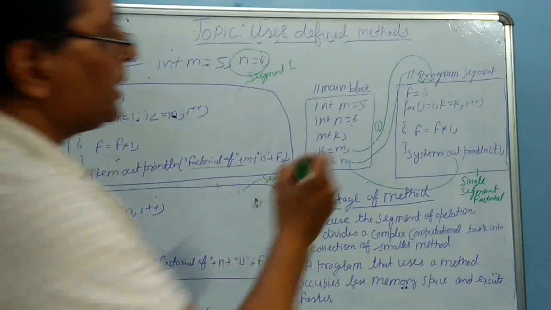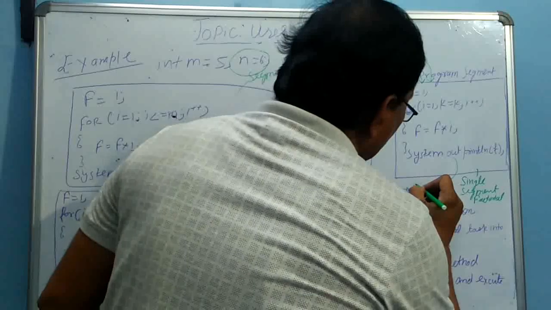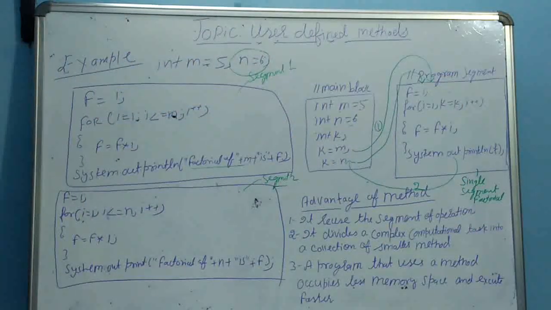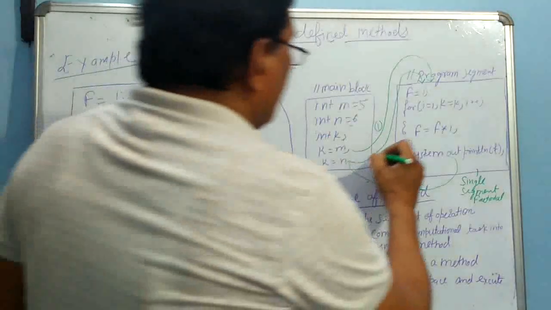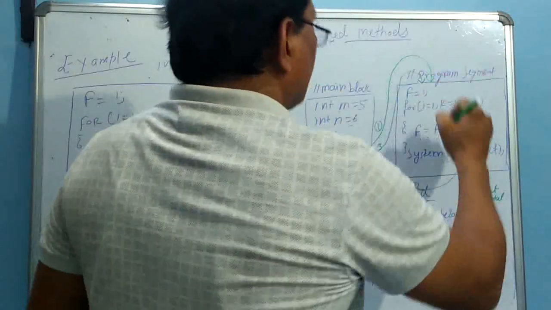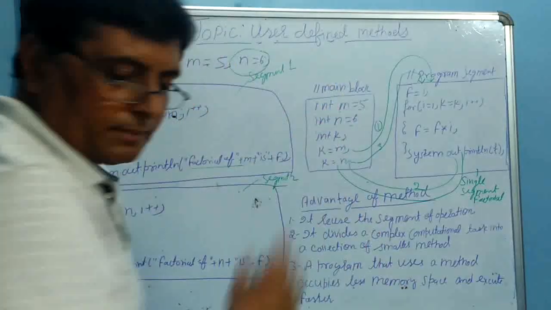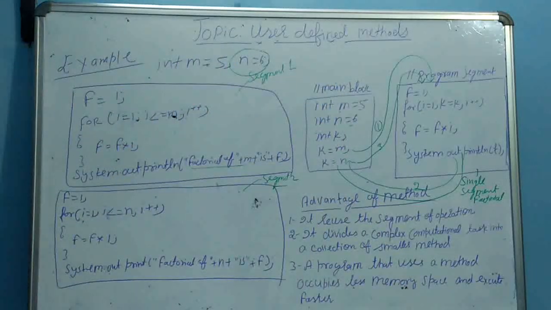That number will be the 2. And then after that the value of n will be stored, and then it will come back in this box.